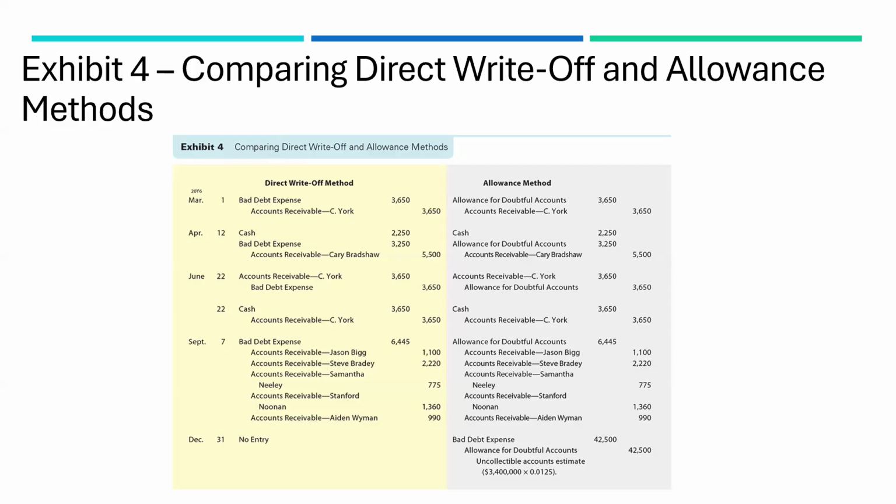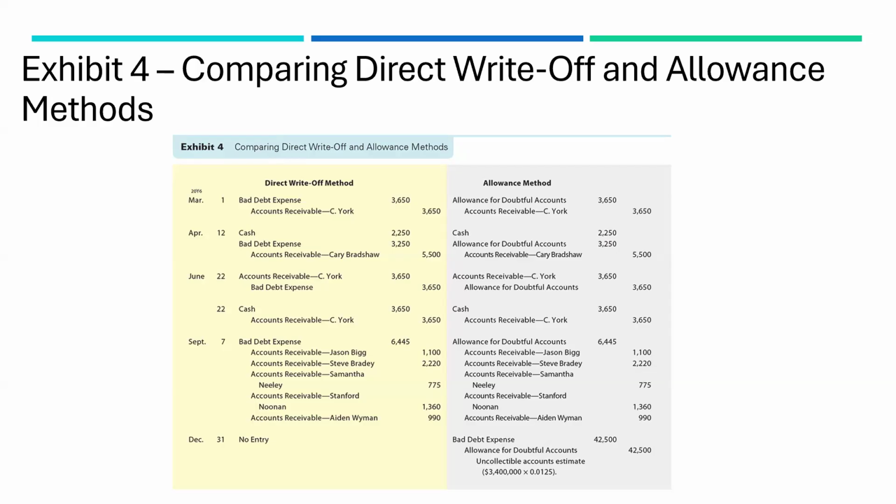The second entry was a customer paid a partial payment, and then the rest of it was deemed uncollectible. So we write off the amount that's uncollectible, and then we credit our accounts receivable for the full amount. But the difference between the two is one debits the allowance, one debits bad debt expense.